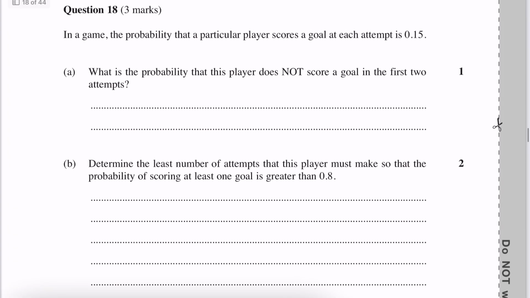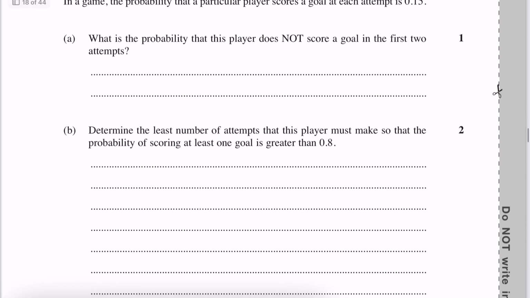Cool. Question 18 says, in a game, the probability that a particular player scores a goal at each attempt is 0.15. What is the probability that this player does not score a goal in the first 2 attempts? So for them to not score a goal, the probability to not score is equal to 1 minus the probability of them scoring.